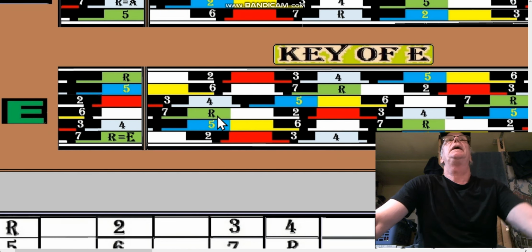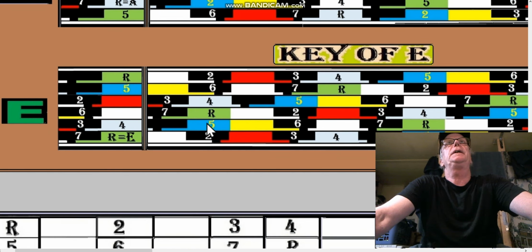Our E is here, 5 root 3, right? And we're starting here. We want to do a pentatonic, so we've got 2 root 2. We can't play these, they are no plays, all 4 of them, unless you've down-tuned your guitar or something like me.